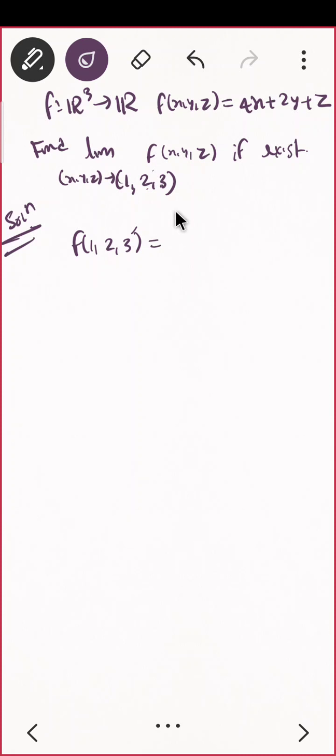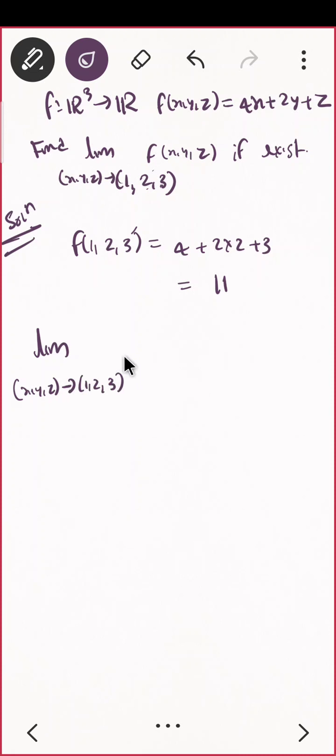What is your f of 1 2 3? It is 4 plus 2 into 2 plus 3. What will this come to? 11, no? Correct? So what you need to prove now? You need to prove this limit as x, y, z converges to 1 2 3 of function f of x, y, z should be equal to 11.